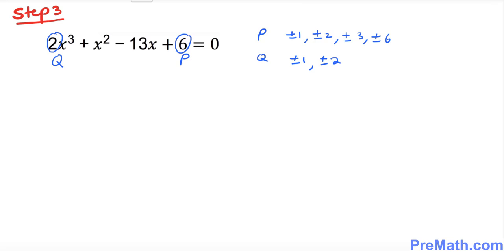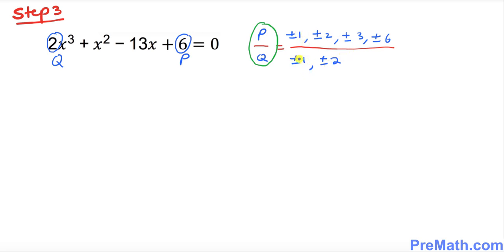Now what I want you to do is divide P over Q. This is equal to these numbers on the top, like this one. Now we have P over Q over here. You see this thing? Now we're going to see what numbers we get when we divide these by this one.